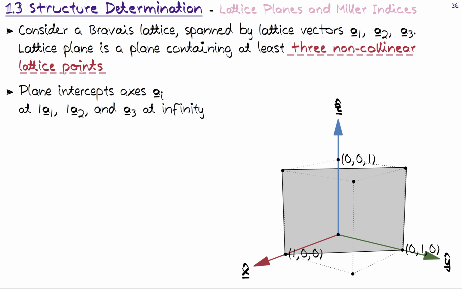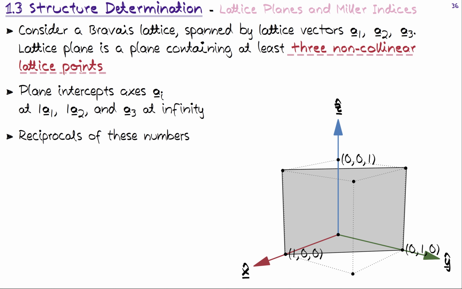So when we use this notation to define a lattice plane, it becomes explicitly clear when we are seeing a diffraction peak. Hopefully I can make it clear to you in the upcoming moments.